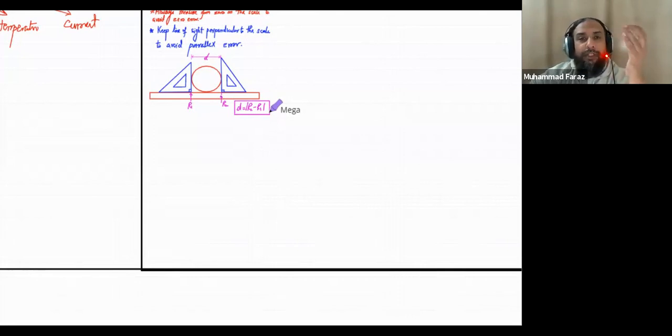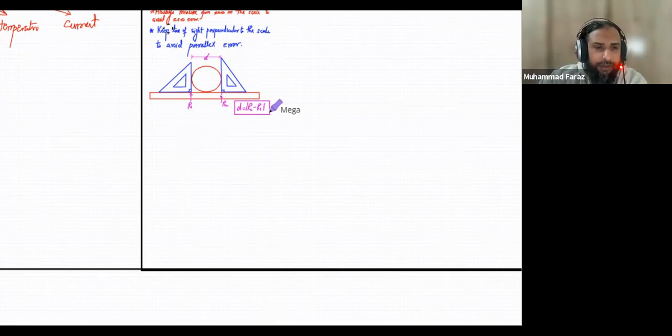Then we can count the number of papers, and then we can subtract the two readings from one another, like the top reading and the bottom reading that we have on the scale, to find the thickness of the whole notebook. Finally, we can divide that thickness with the number of papers to find how thick is a single paper.